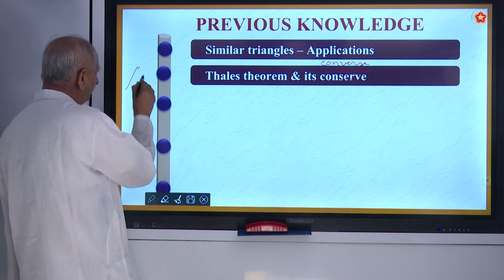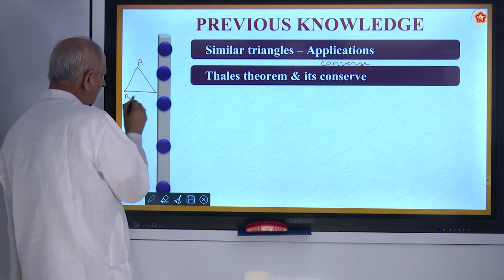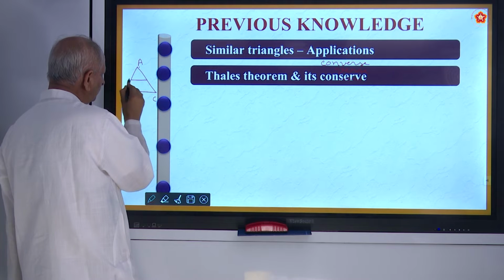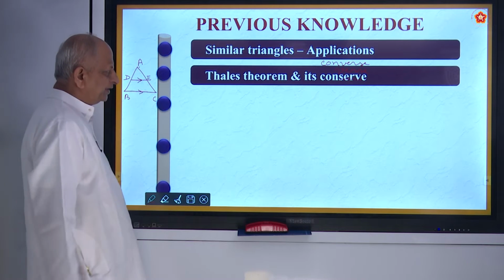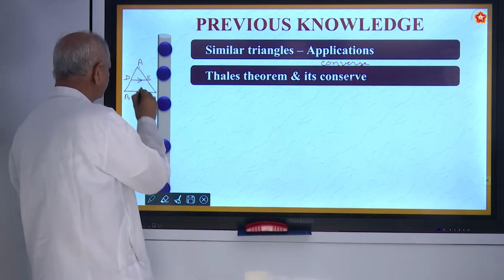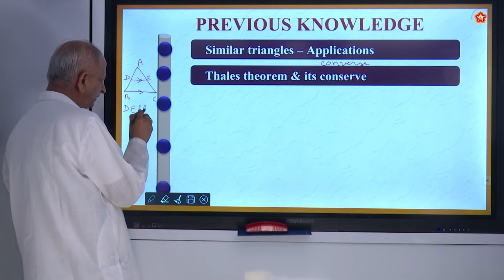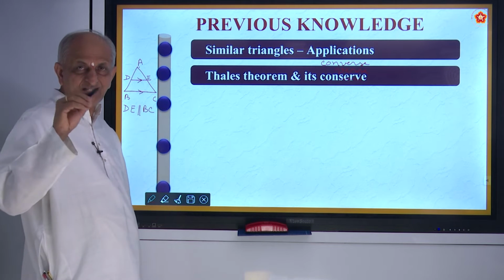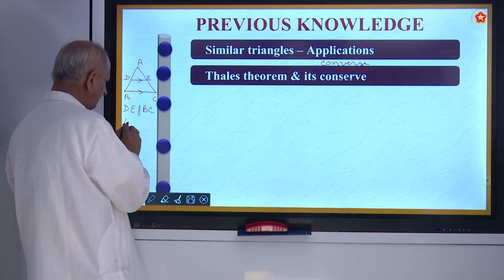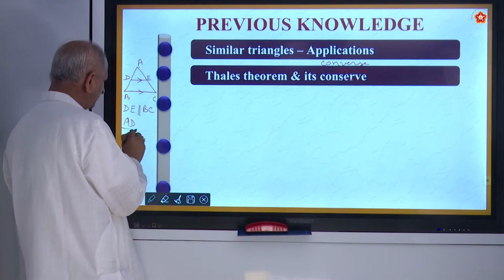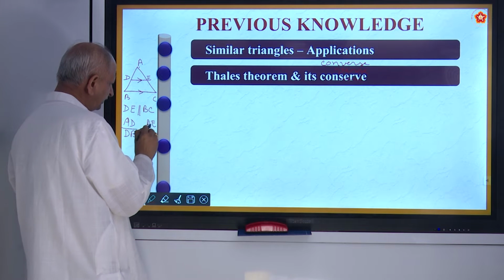Suppose you have a triangle ABC, and suppose you draw a line parallel to BC called DE, then the theorem says this line, namely DE drawn parallel to BC, divides the other two sides proportionally, means AD by DB is equal to AE by EC.